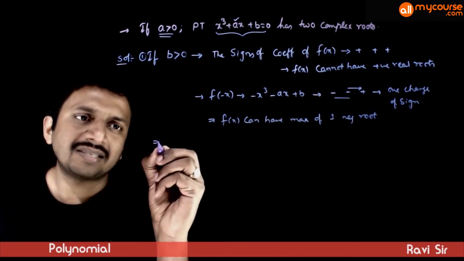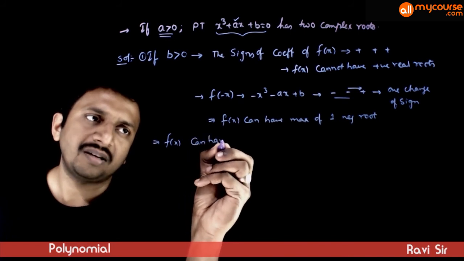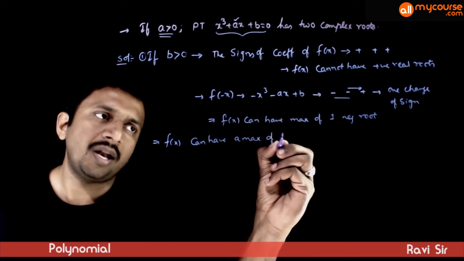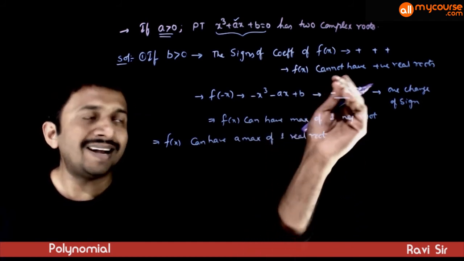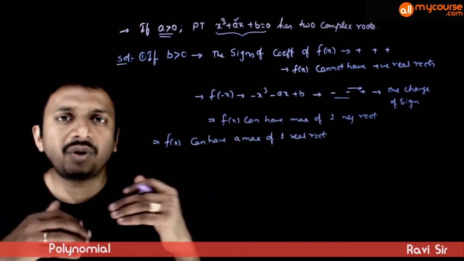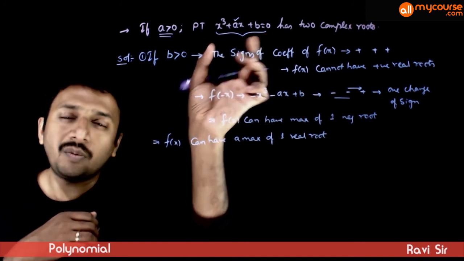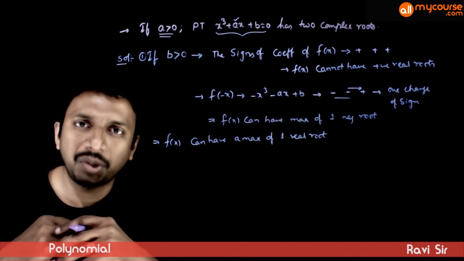This implies f of x can have a maximum of one real root. So positive roots and negative roots constitute all real roots. So it can have a maximum of only one real root. But in total, this equation has 3 roots. So what should the remaining 2 roots be?